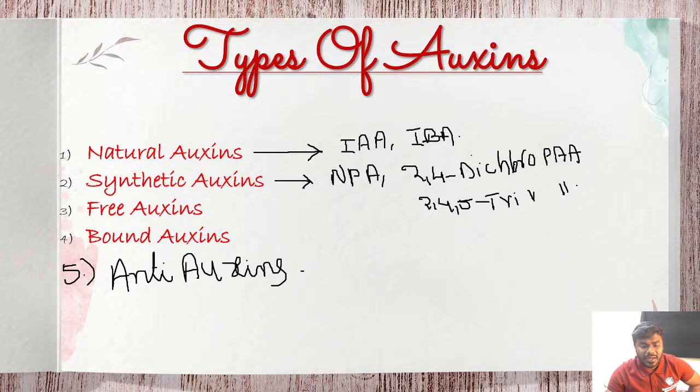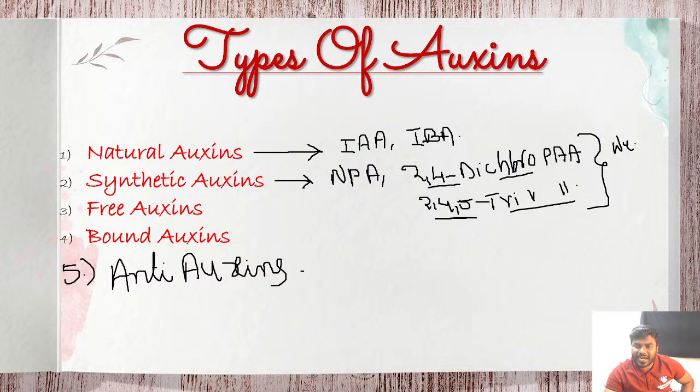Very simple, right? 2, 4 are the carb numbers where chloro functional groups are present. 2, 4, 5 are the carbon numbers where the chloro functional groups are present. My friends, even in exam questions, these two synthetic auxins act like powerful weedicides which will kill the weeds.